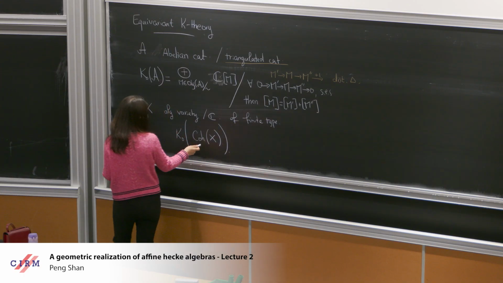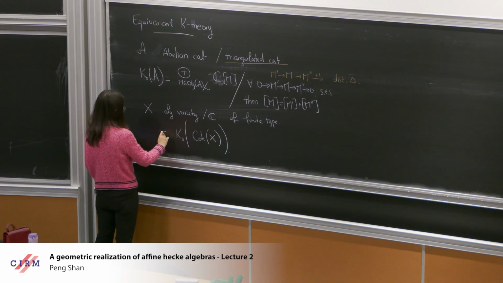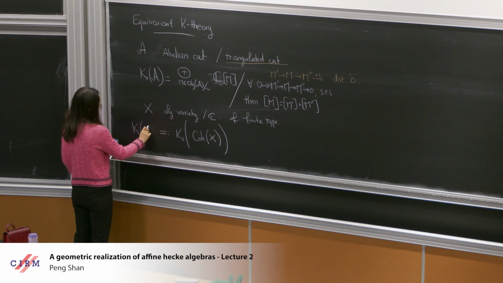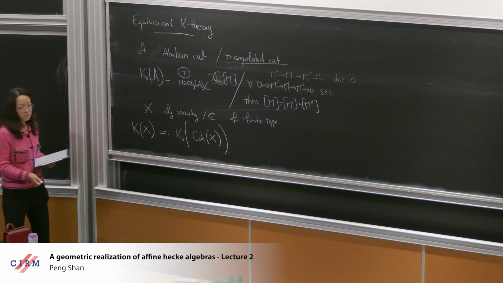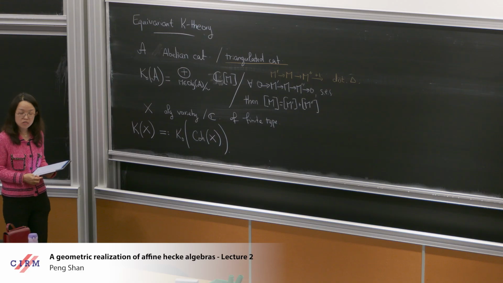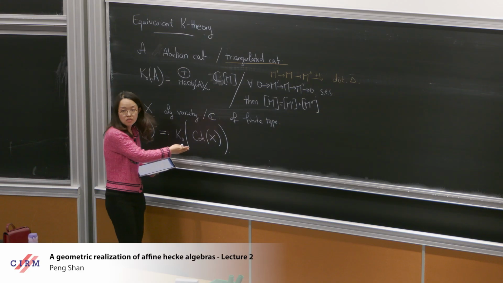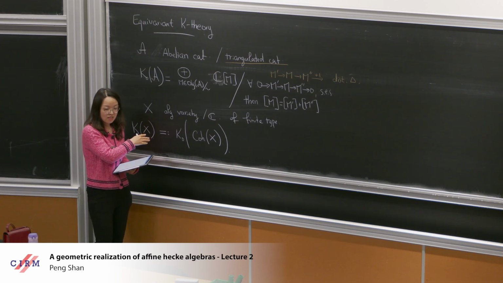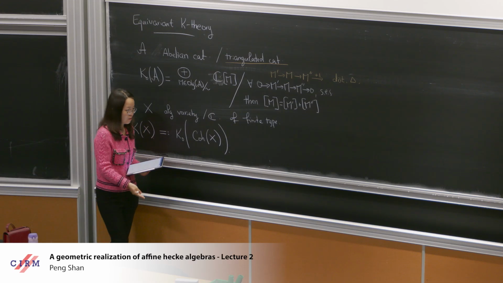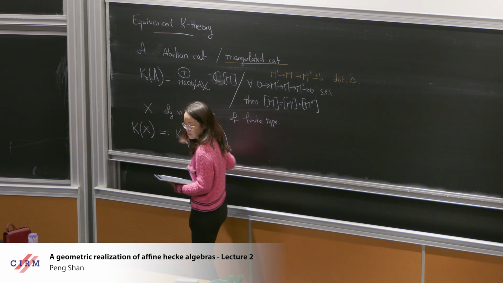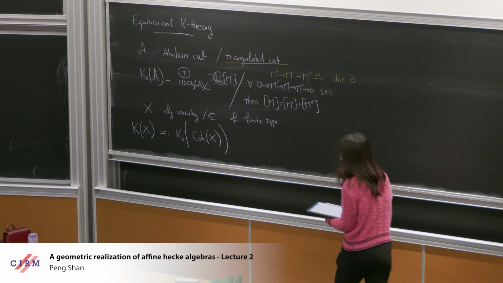And this is what we call the K-theory of X. It's like the algebraic K-theory of X. You might have seen different definitions using vector bundles instead of coherent sheaves. So this is a version of K-homology instead of K-cohomology. But anyhow, I will only work with this version in this course.